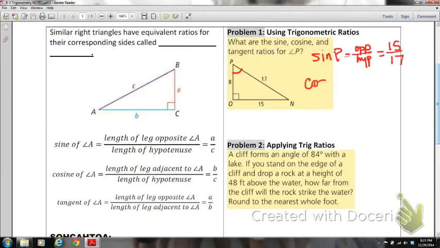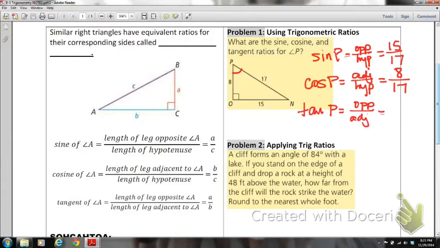Look at cosine of angle P. Cosine is adjacent over hypotenuse. So from the perspective of angle P, the adjacent leg is 8 and the hypotenuse is still 17. So it is 8 over 17. For the tangent ratio, tangent of angle P, tangent is opposite over adjacent.